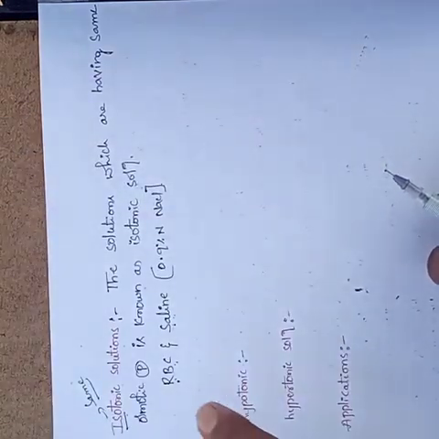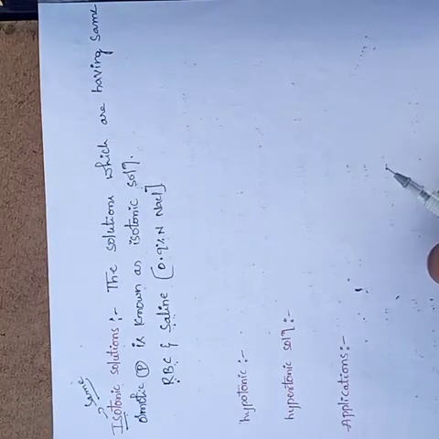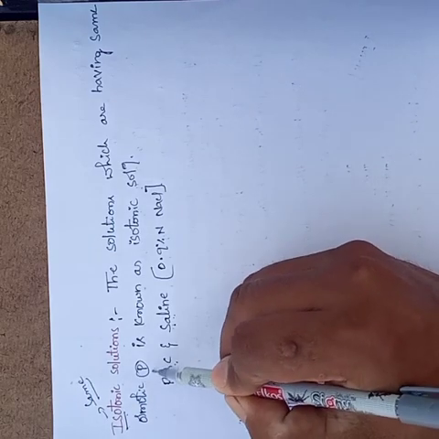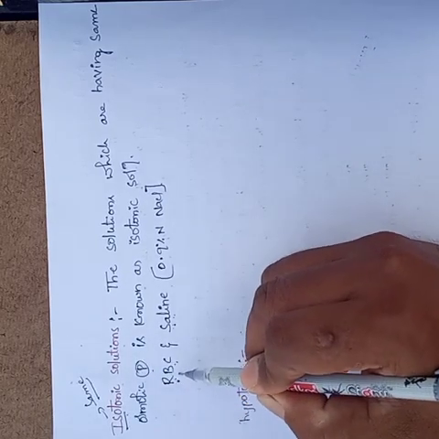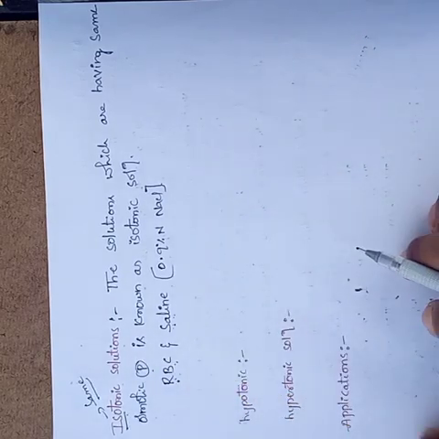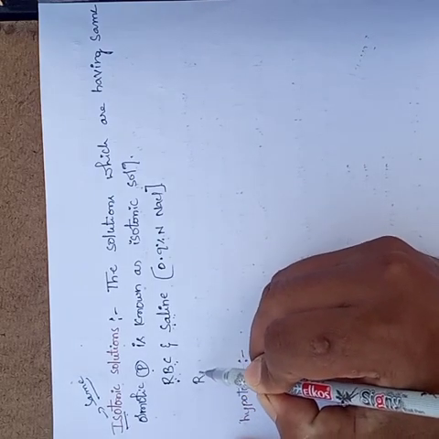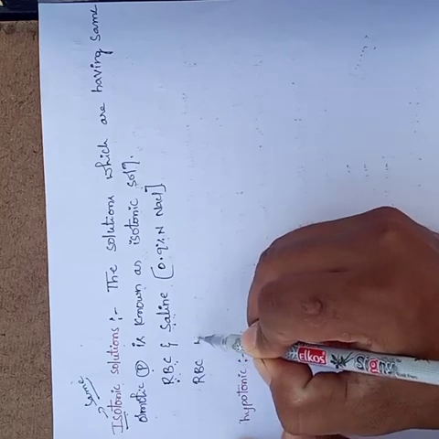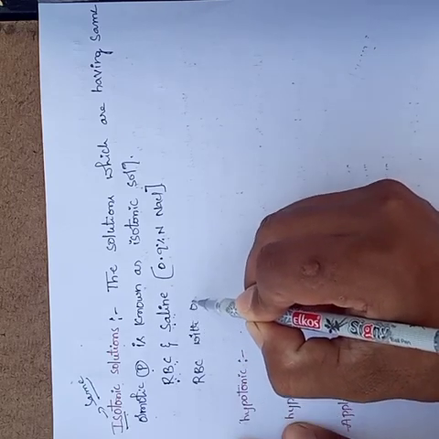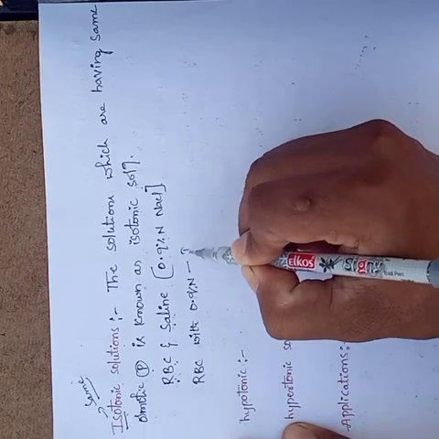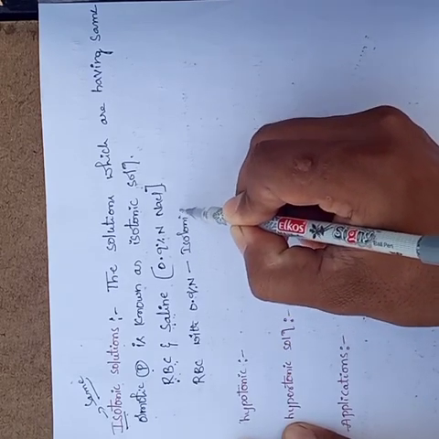So RBC and saline have the same osmotic pressure, so these two are isotonic solutions. Here I will write, when RBC cells are in 0.9% normality, those are isotonic.